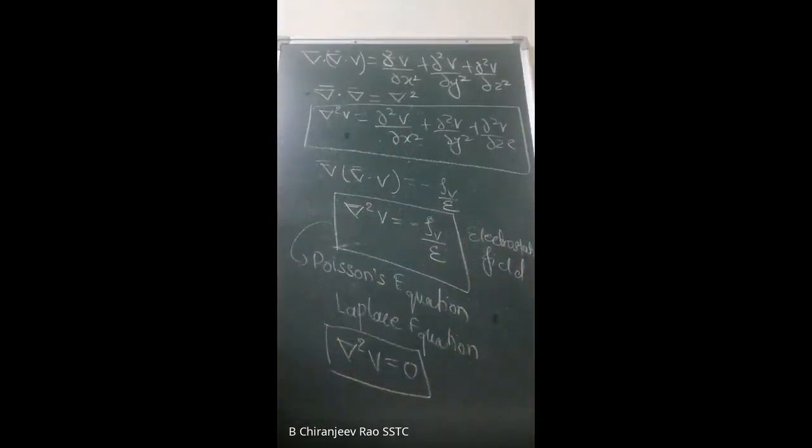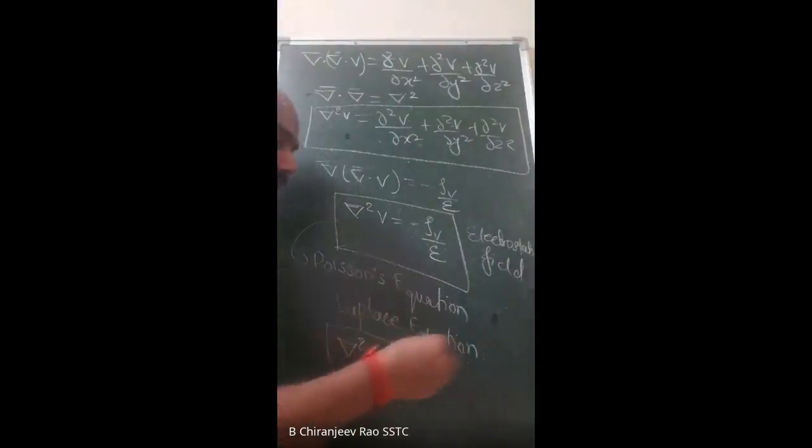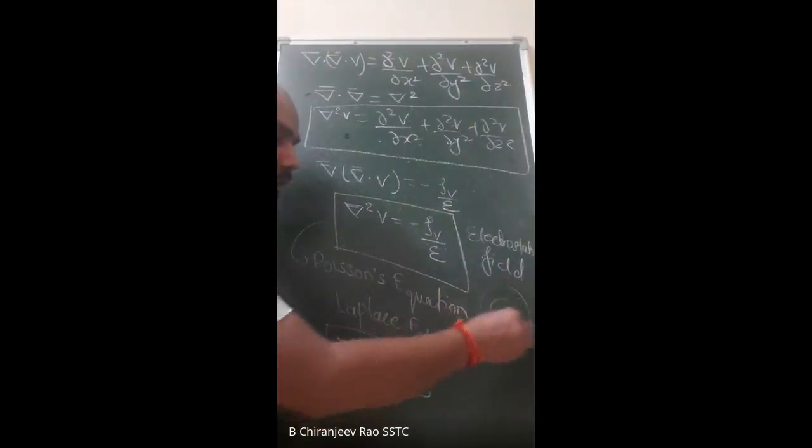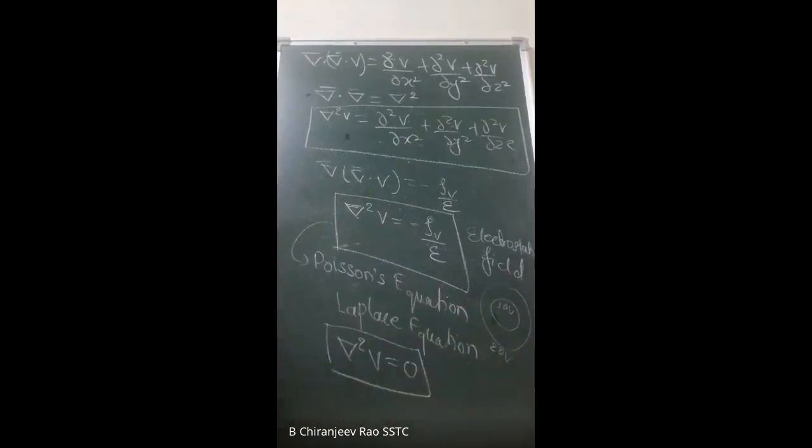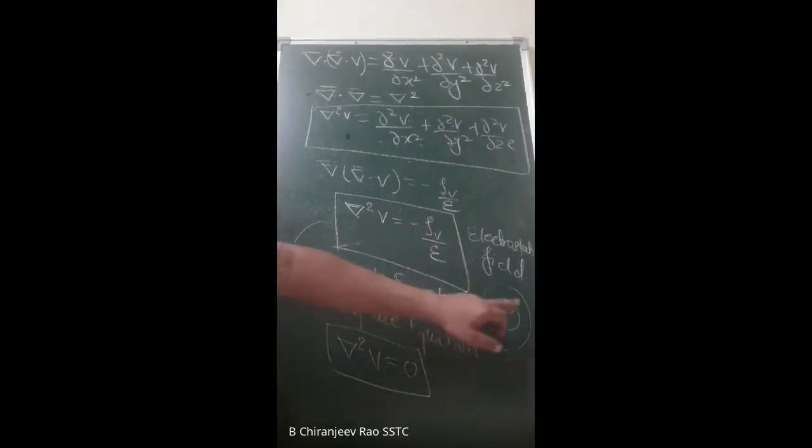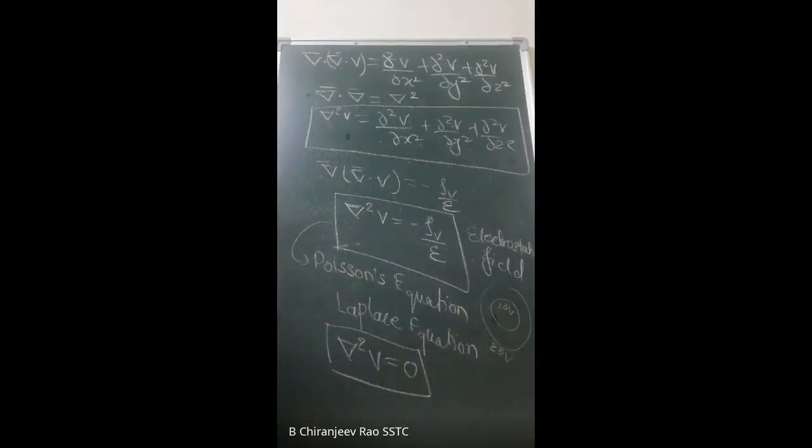So if two conductors are given like this, one at 10 volts and the other at 20 volts, and you have to solve this type of problem where conductors are given with different potentials, you can use this Laplace equation.